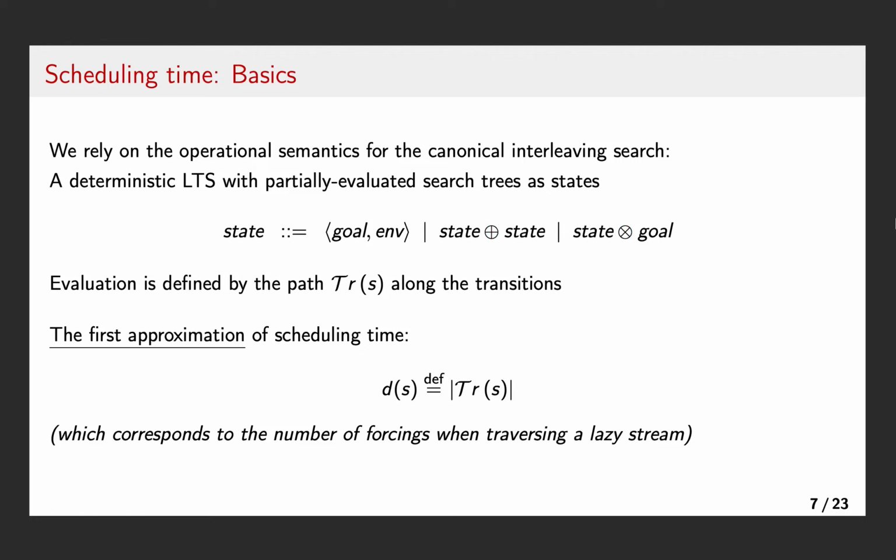Evaluation of the relational program is defined by the path along the transitions in this transition system that is called a trace. As a first approximation of the scheduling time, it's natural to take the number of transitions in the trace, which corresponds to the number of forcings when traversing a lazy stream.